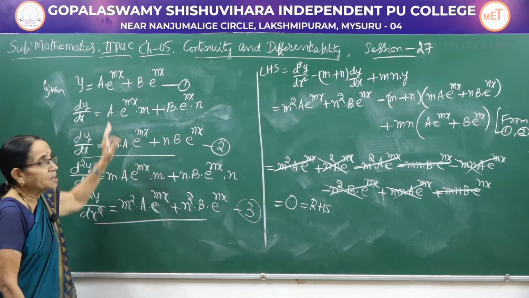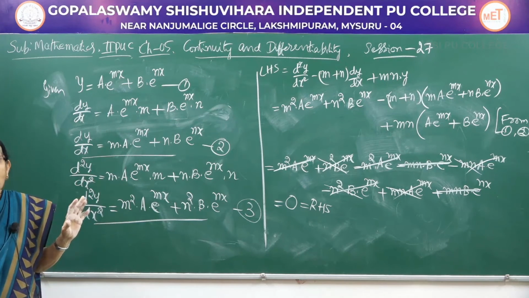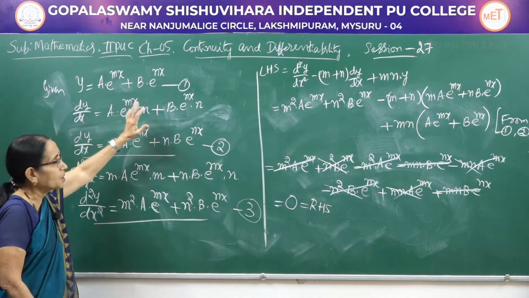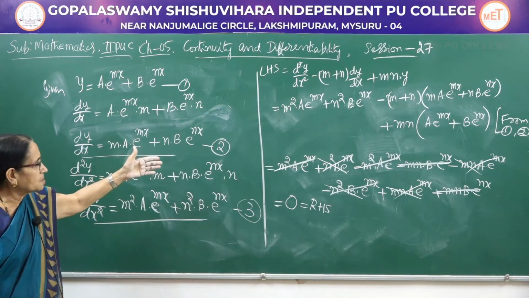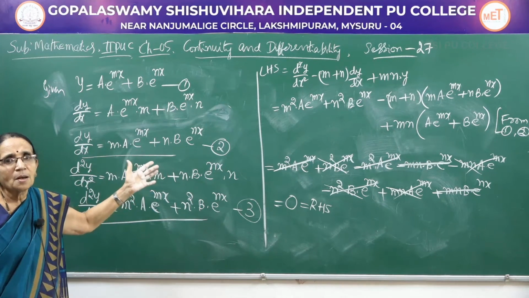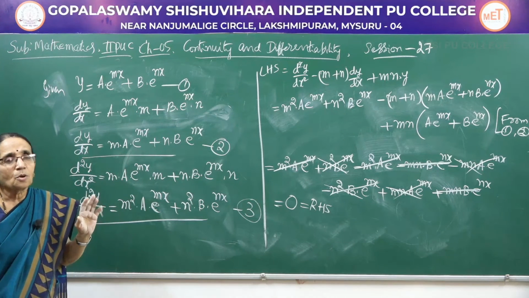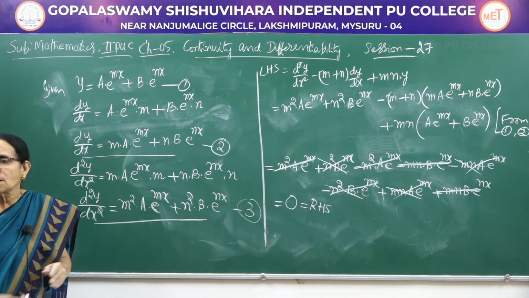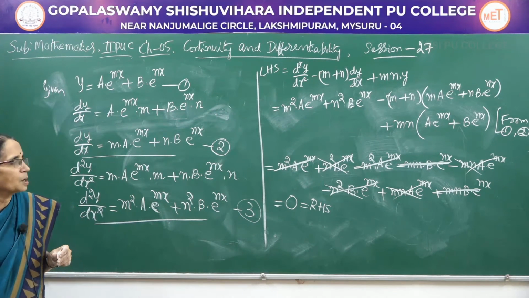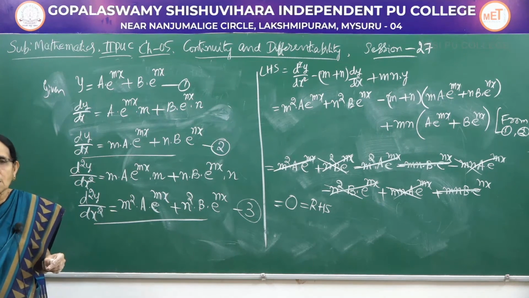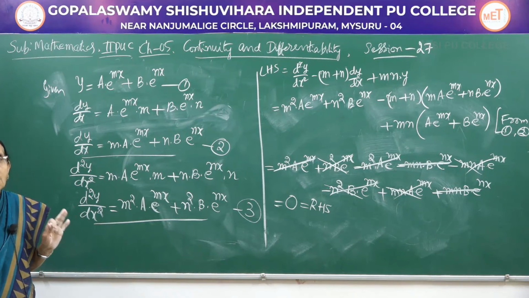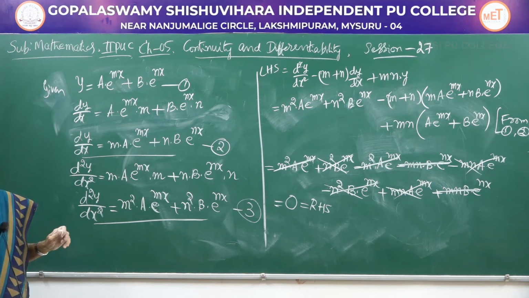I told you already, in the place of a and b, we may have some numbers. In the place of m and n also, some particular numbers. Even then, the same type of result, not the same result, would be there. So substitute carefully for all the values, first derivative, second derivative, and you will get the result. This is how we have to solve the problems. Usually such problems are given for a 5-mark question.